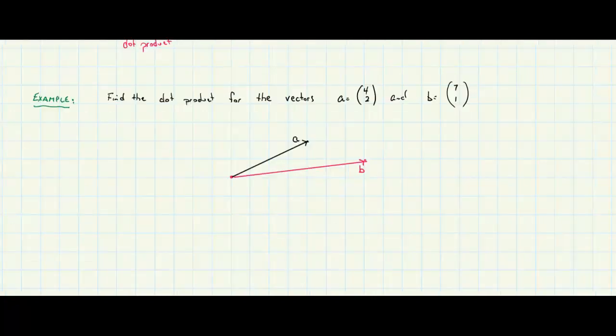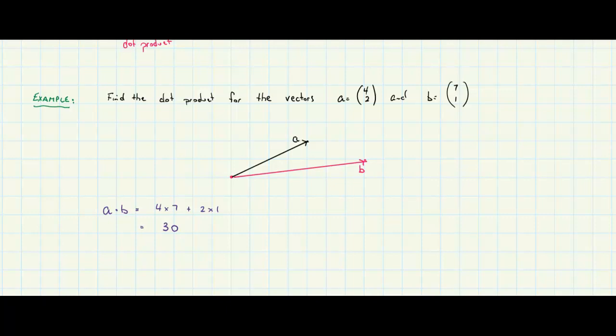Okay, another example here, vectors A and B in front of you. Now simply to find the dot product, all we need to do is to multiply 4 by 7 and add 2 by 1. So we get 30. That represents the combined direction of travel in one direction.